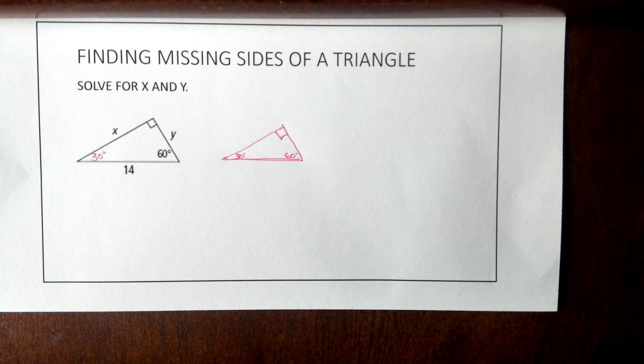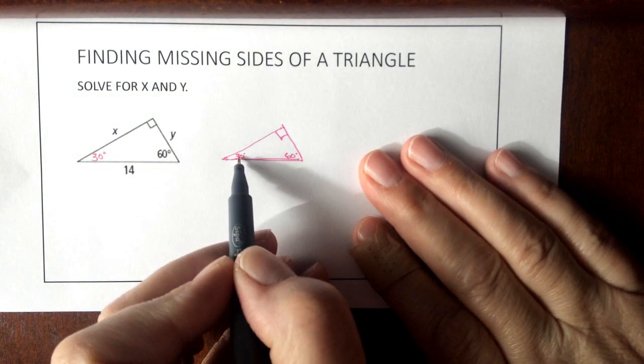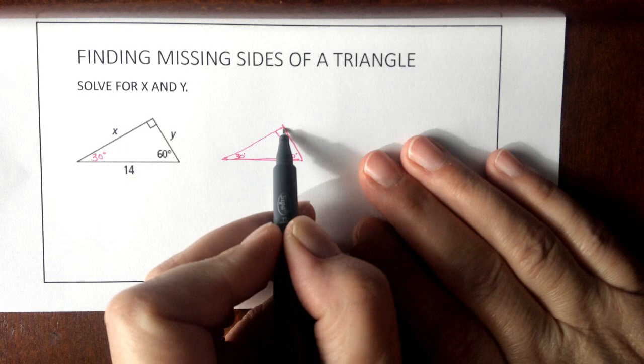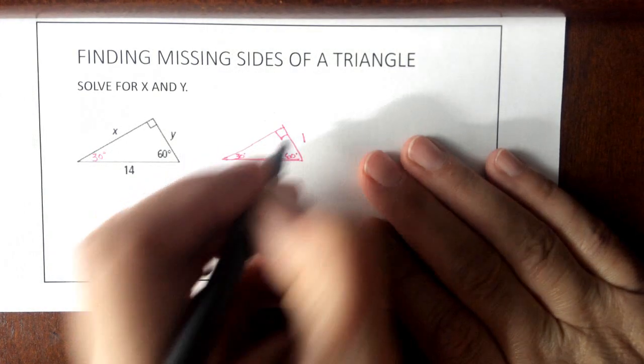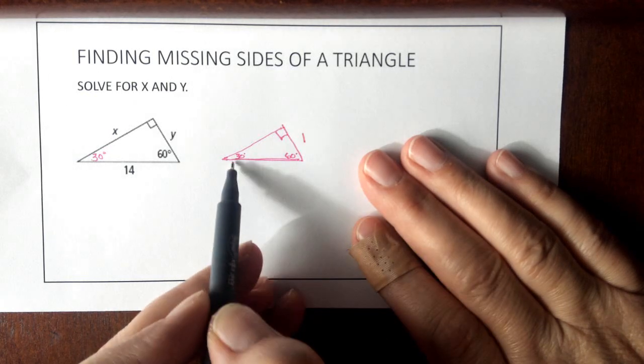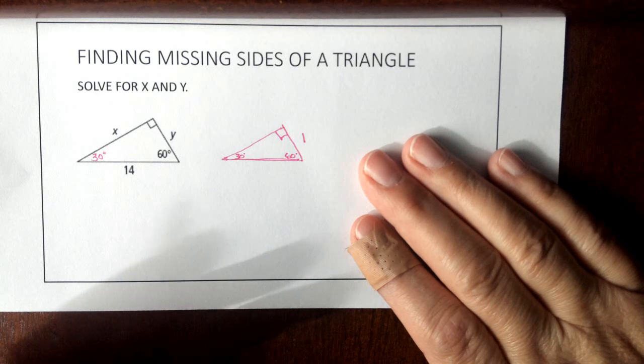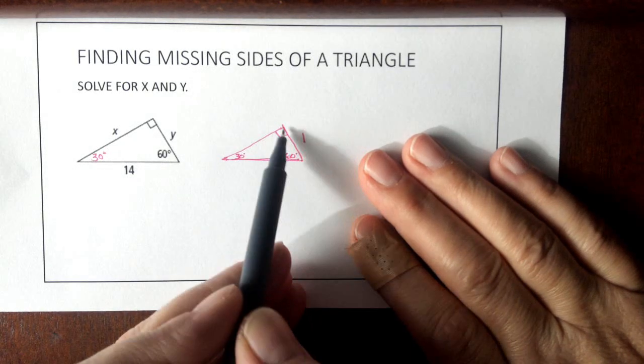Then put your corresponding sides in the right positions. So 30 degrees is the smallest angle. Opposite 30 is this short leg. The shortest leg is 1. Of course, it should be kind of obvious that this leg is shorter than this leg. The shorter one is always the 1. If you draw it roughly to scale, you'll be able to tell the difference between the short leg and the long leg.